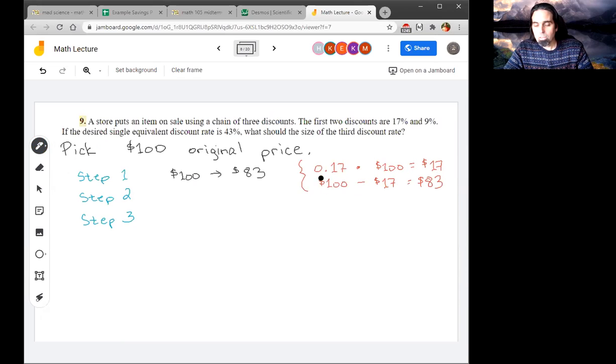I wrote that out, even though we can do 17% of 100 in our heads, because it's just 17, to get us thinking about those steps, because we're going to use them again now with less friendly numbers. Now we're starting at 83, and we have 9% of the 83.